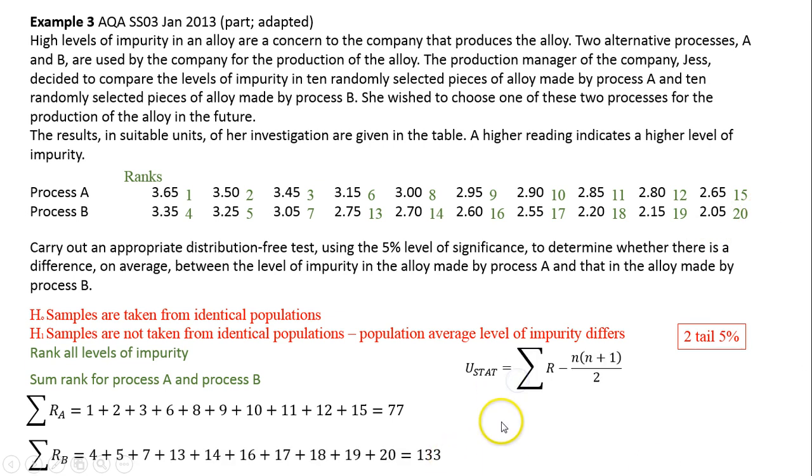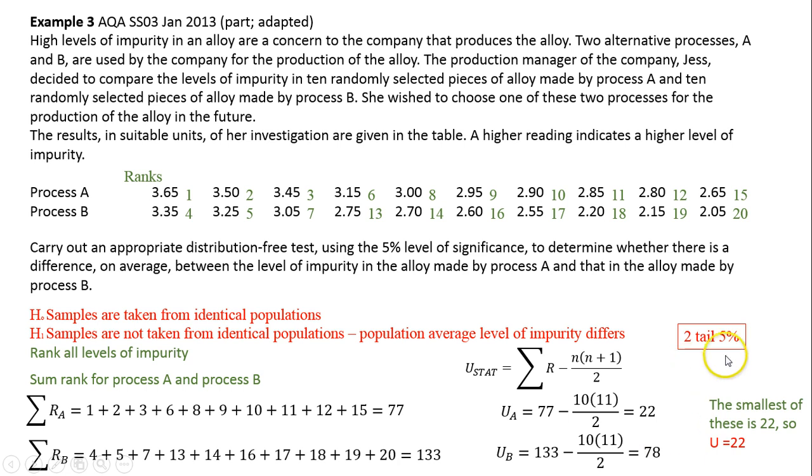The test statistic, we're going to use that. So for A, we get 77 minus 10 times 11 over 2 gives us 22. For B it is 133 minus 10 times 11 over 2 again, which gives us 78. The smallest of these is 22, so U is 22.